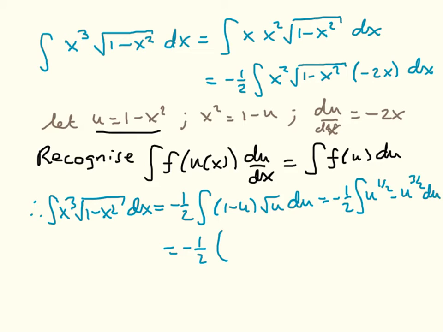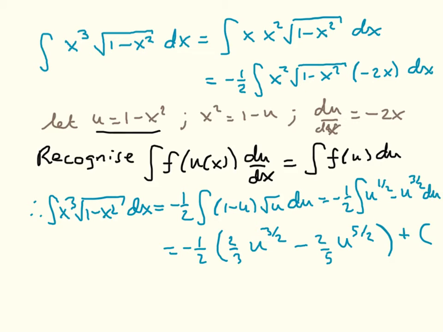So we have u to the 3/2, and then we multiply by the reciprocal, so that's a factor of 2/3, minus, and now it's u to the 5/2, 3/2 plus 1, and then we multiply by the reciprocal of 5/2, so that's a factor of 2/5, and then let's close the brackets and add an integration constant.